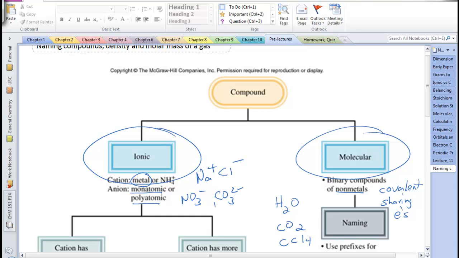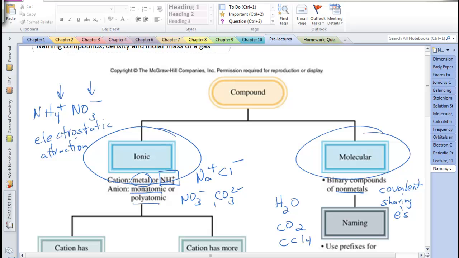We really only focused on one polyatomic cation, which I've written over there: NH4+, that's ammonium. So you could have NH4+ combined with something like NO3-, and that would be an ionic compound. We would have a cation and an anion attracted by what we call electrostatic attraction.